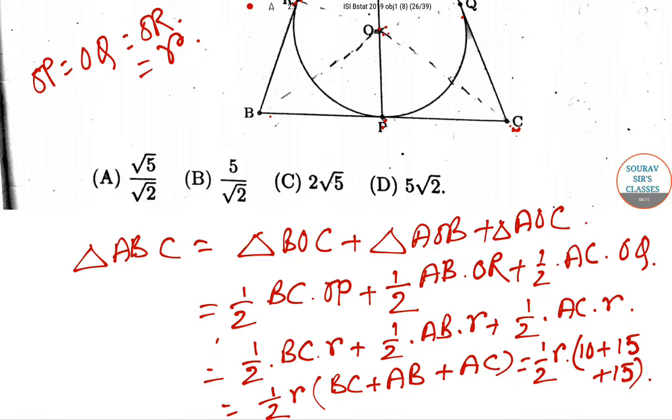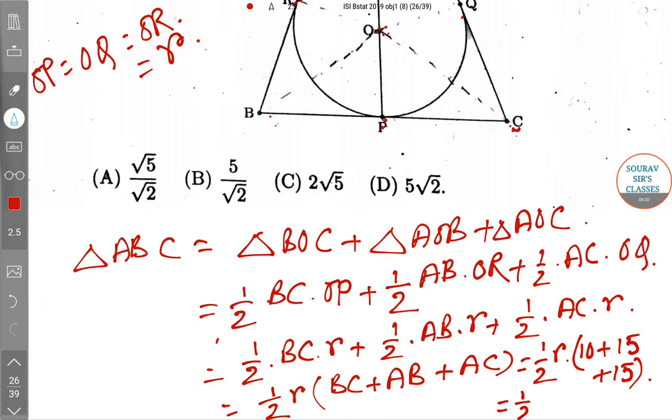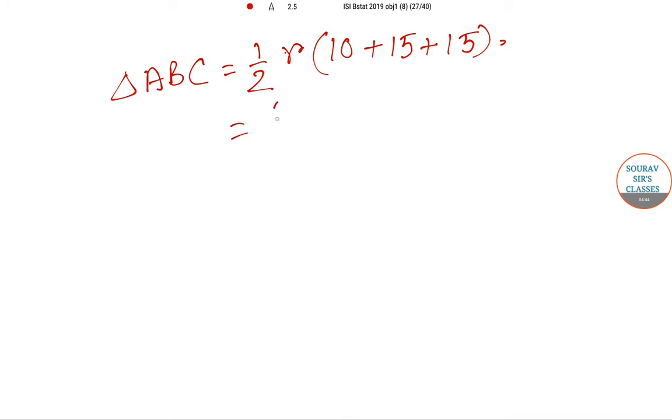Now the area of triangle ABC is equal to half into R into 10 plus 15 plus 15, that is half into R into 40, which is 20 R.